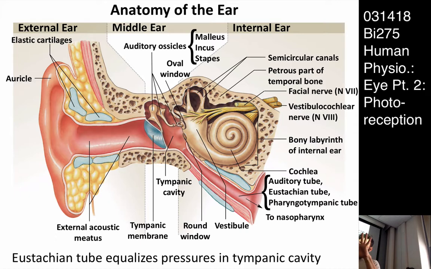This is where the pressure waves of sound come in and hit the tympanic membrane, which is like the membrane of a drum, and vibrates. This vibration is transferred across the middle ear from the tympanic membrane to the bony labyrinth of the inner ear by the auditory ossicles, the three little bones of the middle ear.